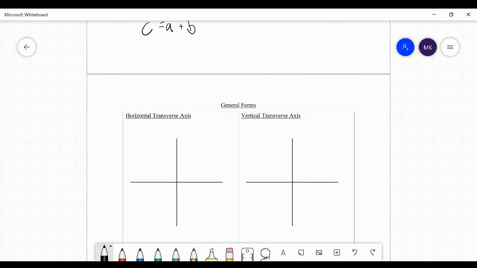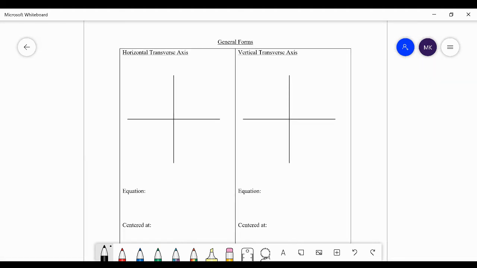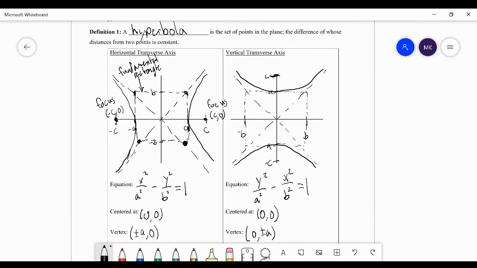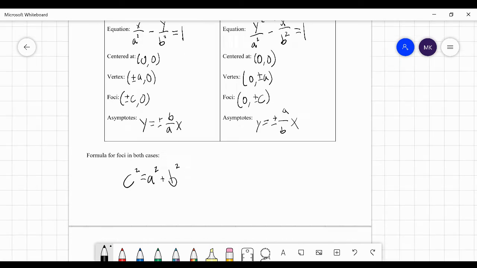Now, of course, not everything is nice and simple. So what if it's not centered at the origin? This is a more general form. Before, look up here, our horizontal transverse axis, in this case, is the x-axis, and our vertical transverse axis is the y-axis.